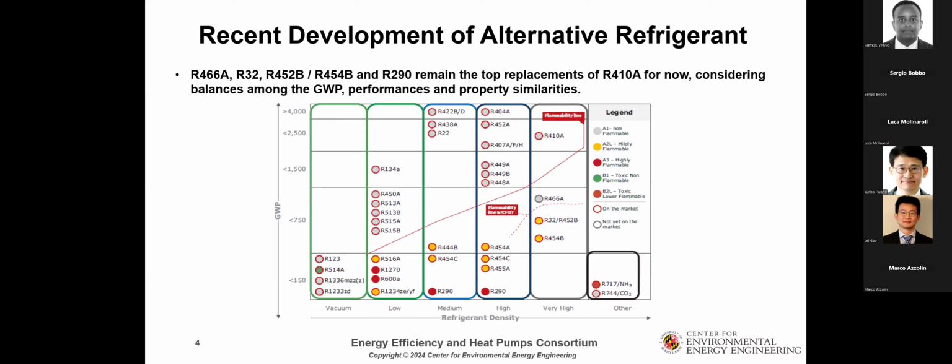Some of the A3 refrigerants are being considered and tested, especially in China. However, they are far from commercialization due to safety concerns. B-type refrigerants like ammonia have not been actively discussed in the residential sector.